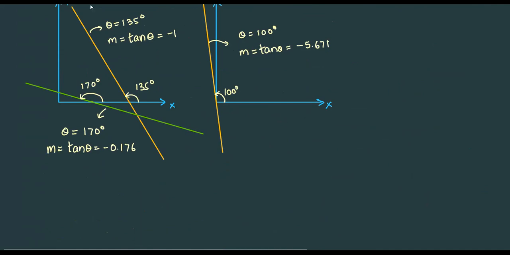Slope changes from minus infinity to 0. Okay. Now there's an interesting understanding. If you look at the graph of tan x, you will understand this much better.